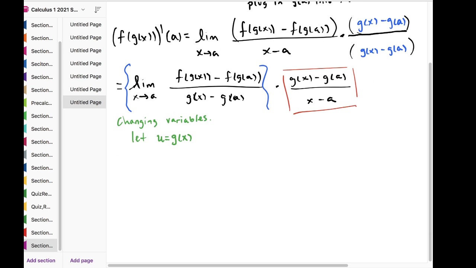So if I do that, then we get f of u minus f of g of a over u minus g of a. Okay, so this looks like, if I took the limit of this as u goes to 0, what is this as u goes to 0?